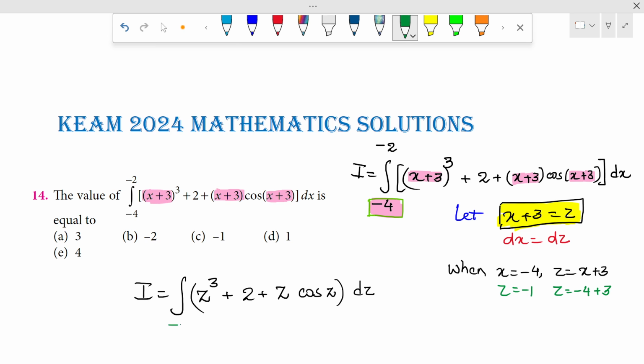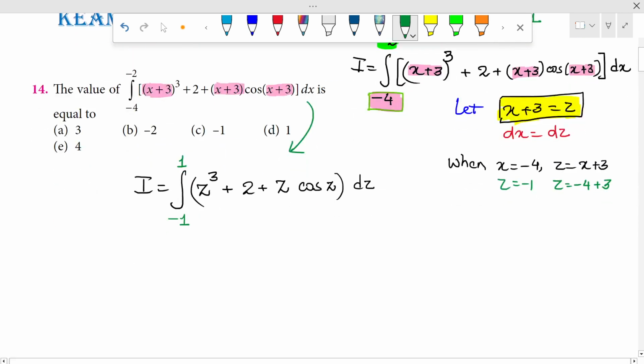So here I can put minus 1. Now when x is my upper limit, minus 2, z is equal to x plus 3, so z is minus 2 plus 3, which is 1. So I can put here 1.